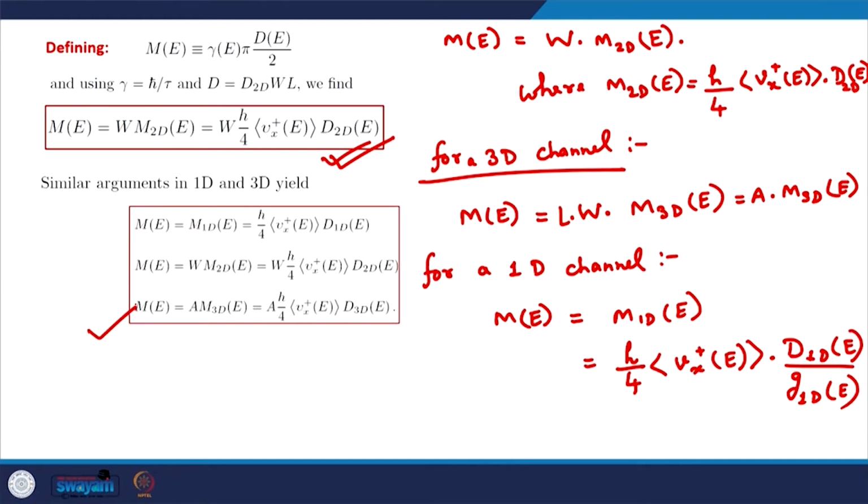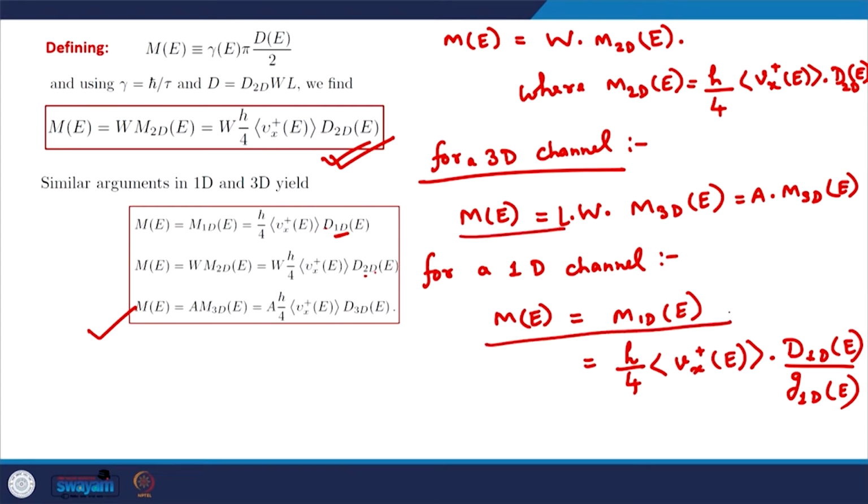So, this is what we finally obtain. Here D with subscript 1D is essentially the density of states in a 1D channel, D subscript 2D is the density of states in a 2D channel, and D subscript 3D is the density of states in a 3D channel. We are not explicitly deriving modes for the 3D channel and the 1D channel.